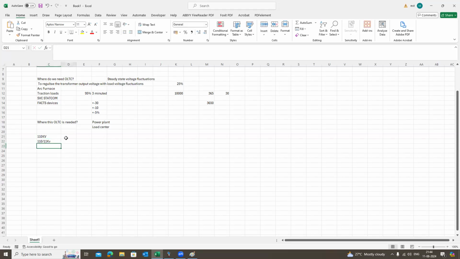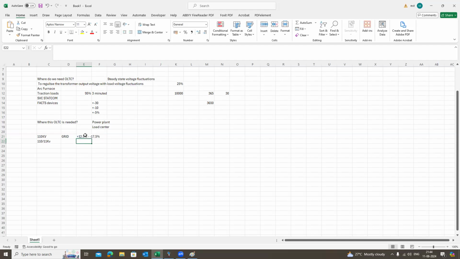Assume that this 110 kV is a grid. Obviously on the grid there is a voltage fluctuation. Assume that the grid is very weak, so the voltage varies from plus 12.5% to minus 17.5%.